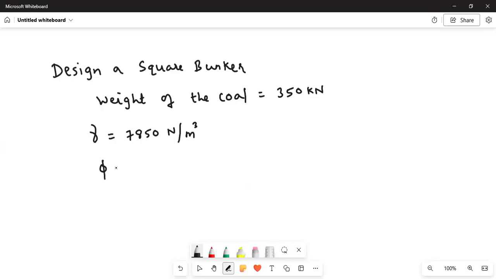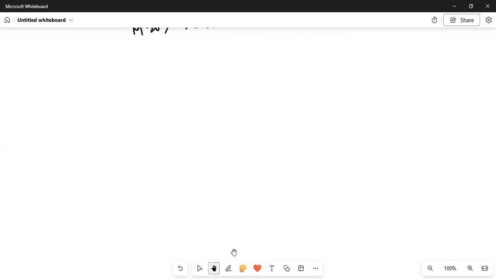Phi is given, that is angle of repose, 30 degree, and M20 and Fe415 steel has to be used in the design of bunker. So phi will be equal to beta in case you have surcharge. So first we will see the dimension of the bunker.